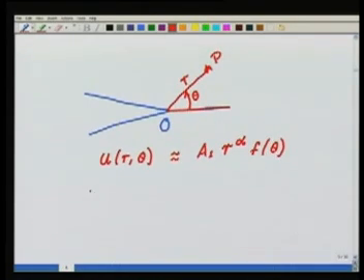This is how the solution in the vicinity of this corner is going to look. This is obtained from an asymptotic expansion. In fact, this expansion is not only one term, there is an infinite series in terms of many alpha i's, but we are taking the first term which corresponds to the smallest alpha, because that is the one which dominates the whole behavior.